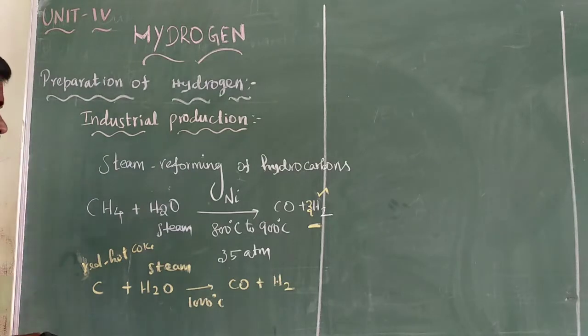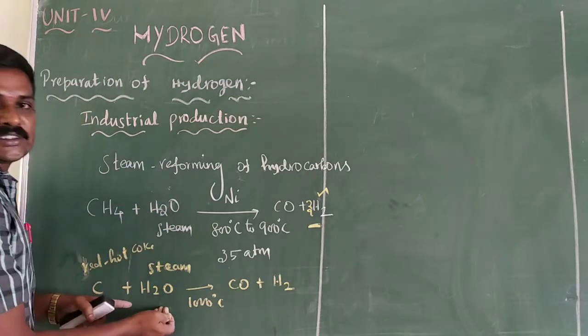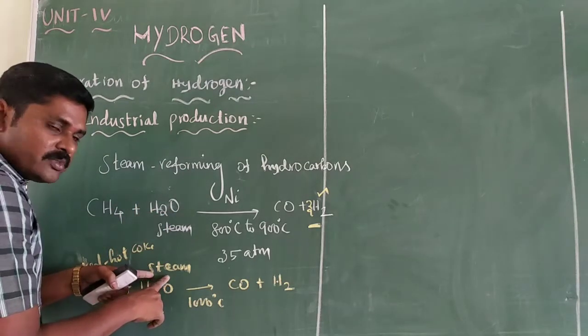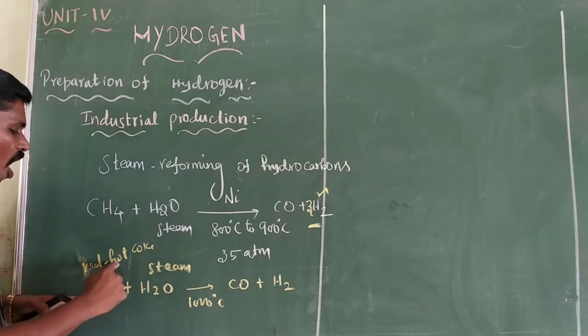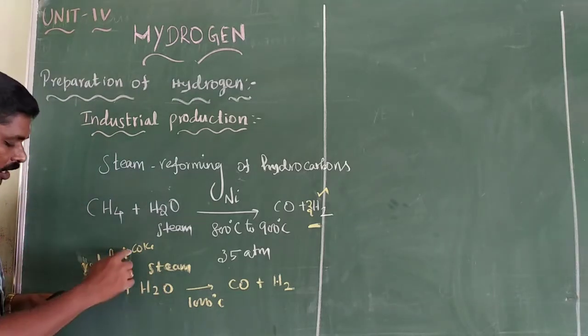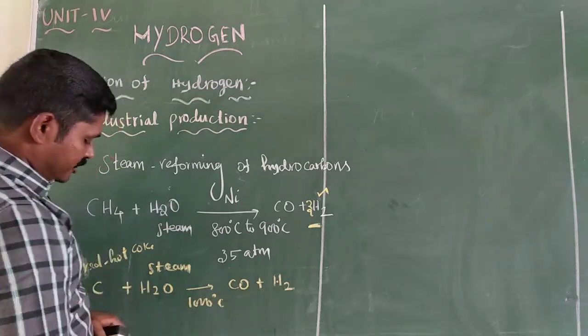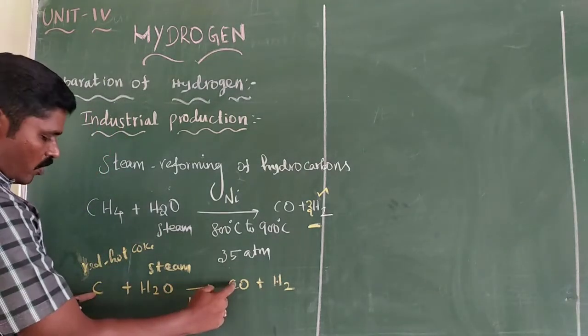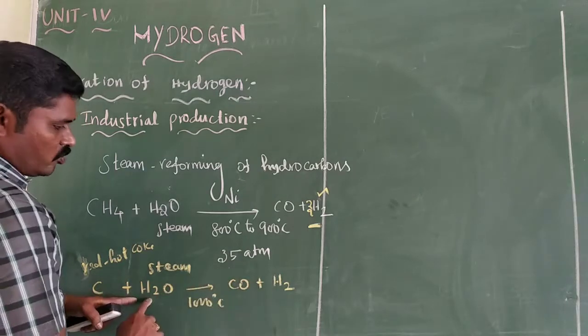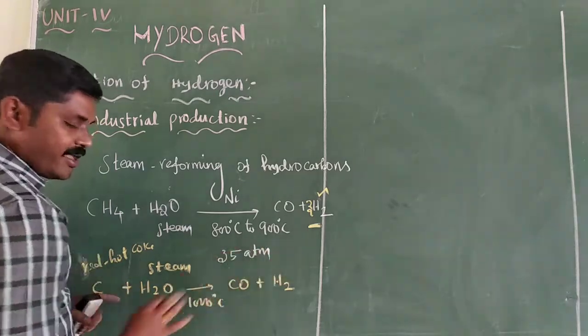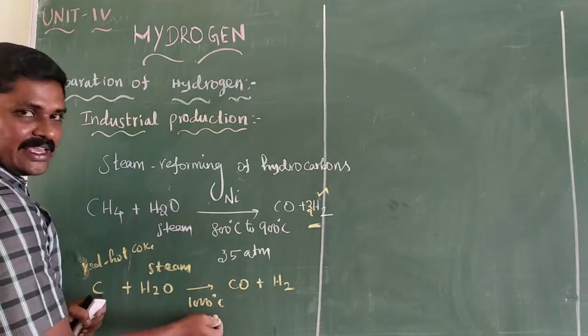Okay, so one carbon, one oxygen, 2 hydrogen, 2 hydrogen. So balance the equation at 1000 degrees Celsius.